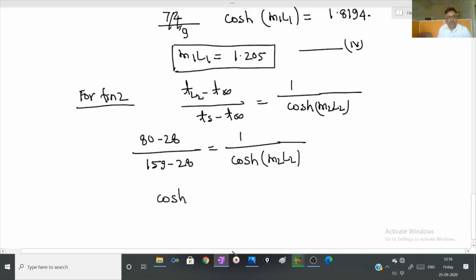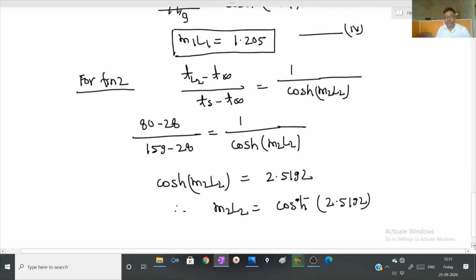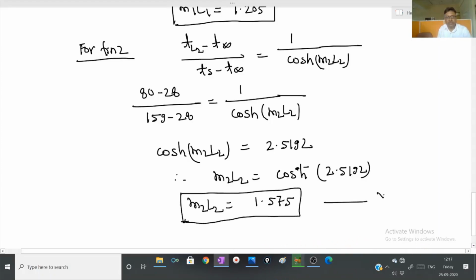After solving, cosh(m2 L2) comes out to be 2.5192, and hence the value of m2 L2, taking the inverse cosh of 2.5192, becomes 1.575. Let's say this is equation number 5.